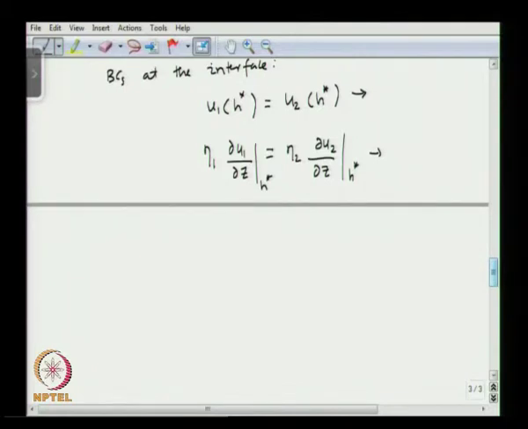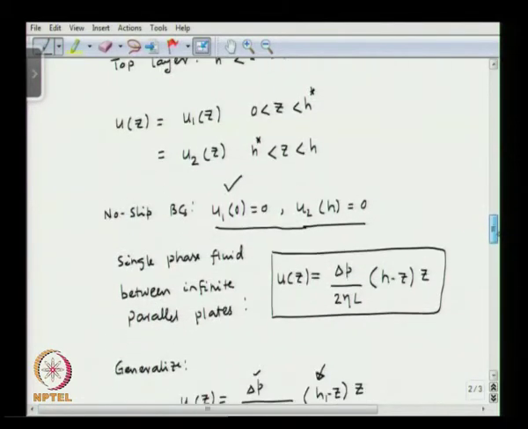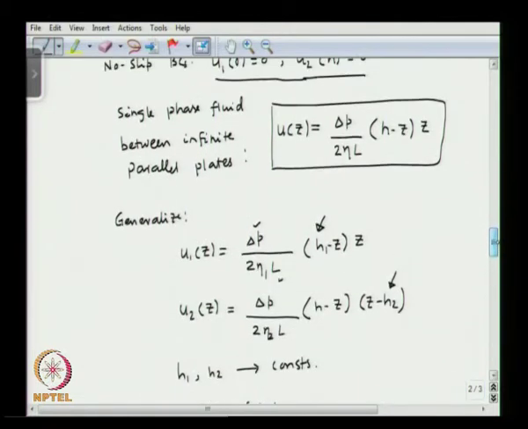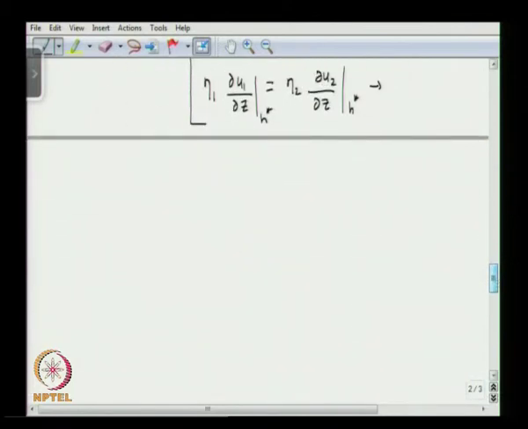Okay. So, using these two boundary conditions, we can apply them to these equations for the velocity field, and if you do that, we will evaluate the two constants.